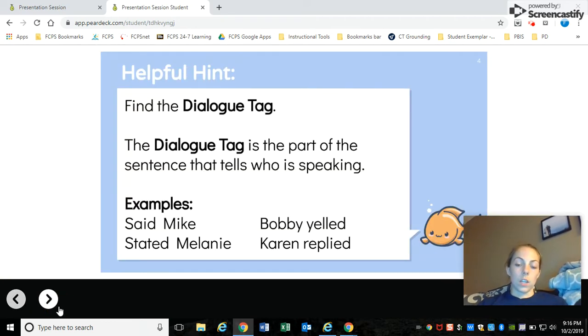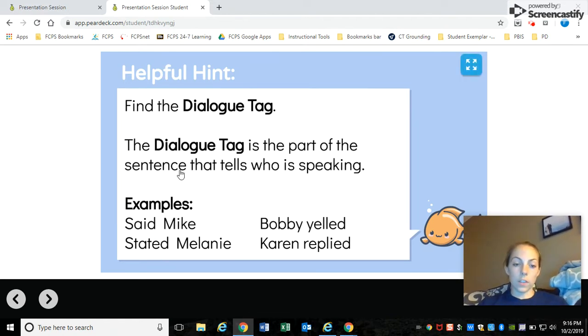So the rules. Number one thing you want to look for in dialogue is the dialogue tag. The dialogue tag is the part of the sentence that tells you who is speaking. So you're going to look for things like said Mike, stated Melanie, Bobby yelled, Karen replied, Miss Titus exclaimed, things like that, because that part has a specific way to be punctuated and is going to give you a clue as to which other parts of the sentence need to follow the punctuation rules we're about to talk about.